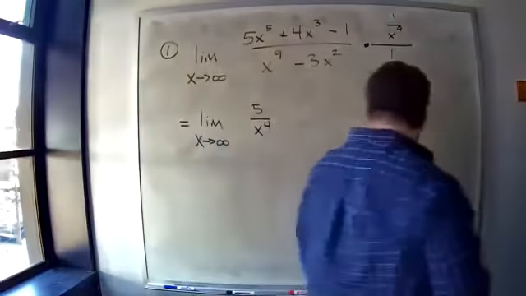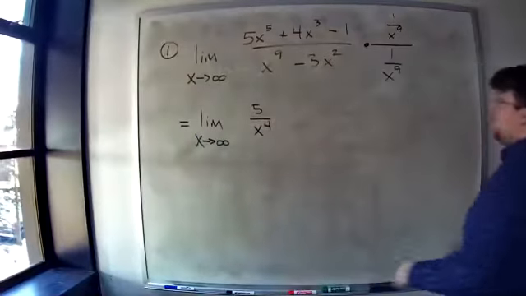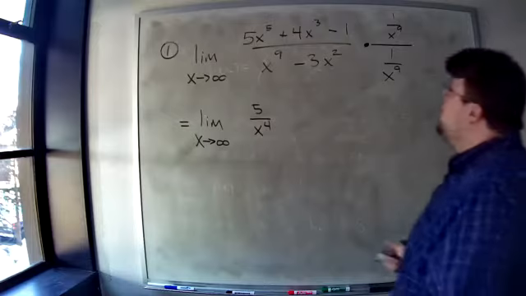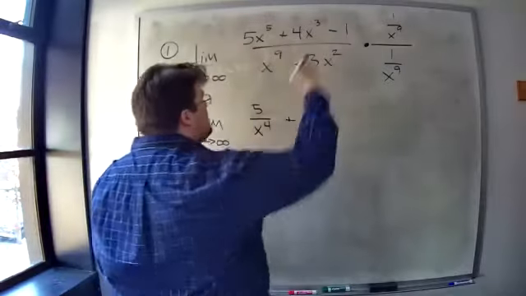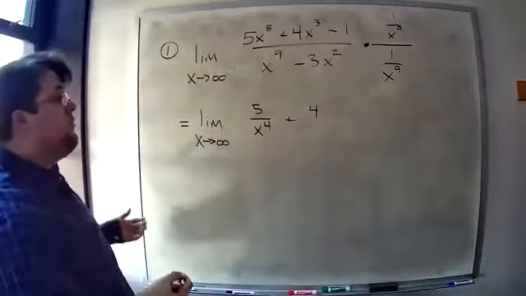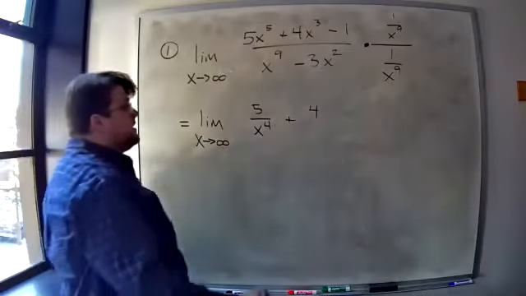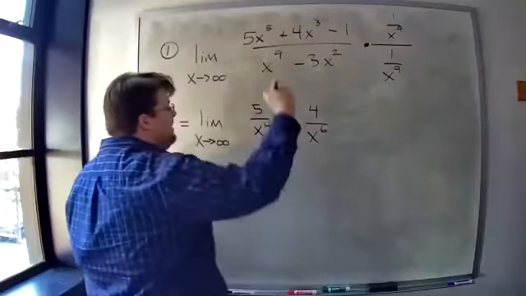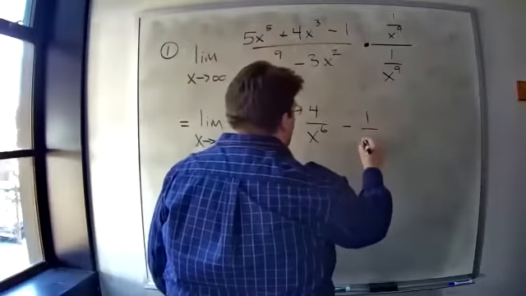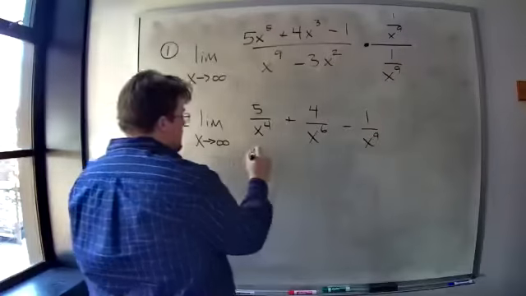So distributing 1 over x to the 9th into the first term gives us 5 over x to the 4th. Similarly, for this one, the 4 will stay. X cubed over x to the 9th, 3 x's will cancel, so you're left with 6 x's in the bottom. And negative 1 over x to the 9th. There's no simplification with that.